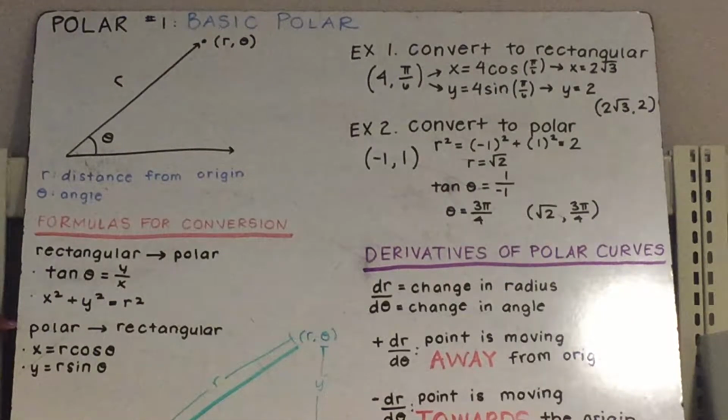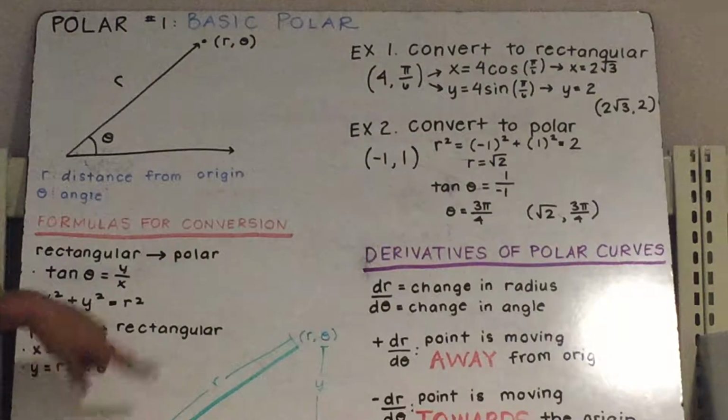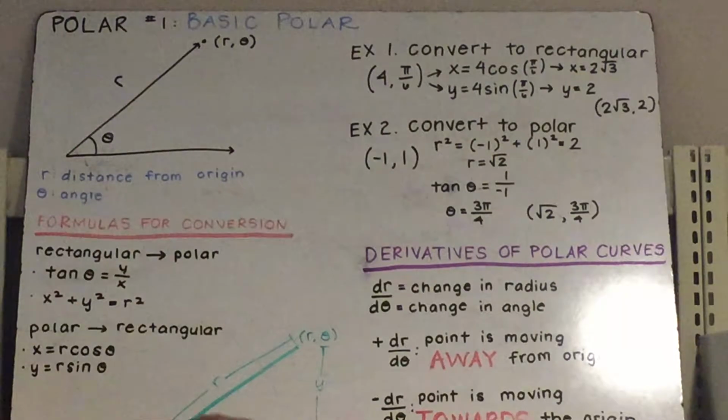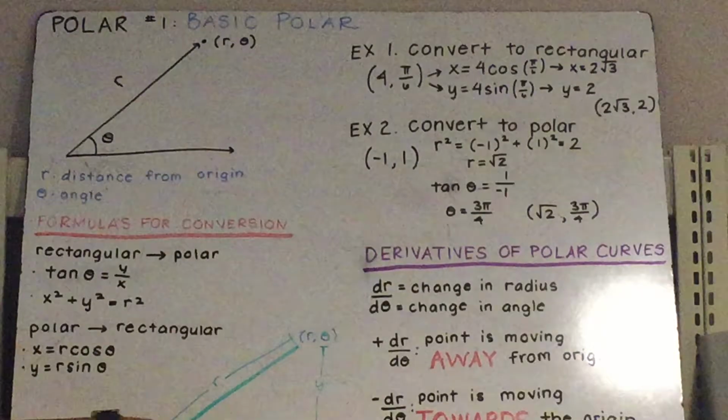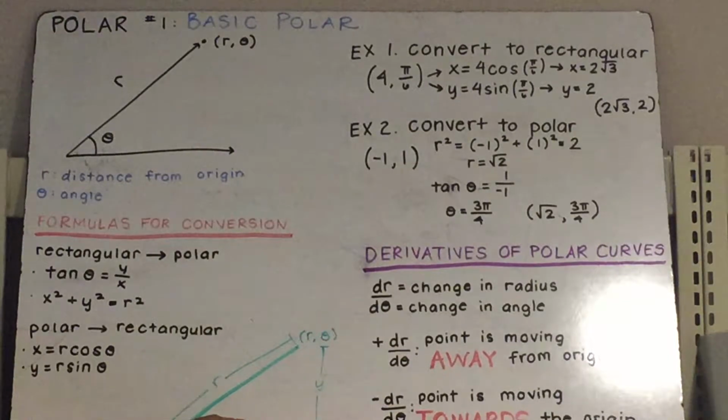If you're given polar coordinates, you can solve for x and y using r cosine theta and r sine theta. And the reason why is because if you drew out this graph and defined all your points, this value here is your x value and this is your y. So tan theta is y over x, and then r squared is x squared plus y squared. That's like the Pythagorean theorem. So that's where those formulas come from.